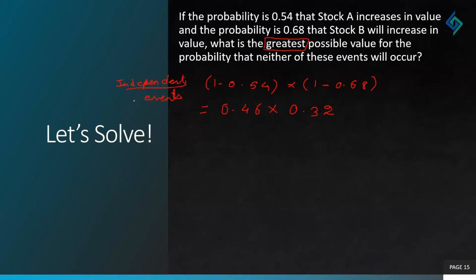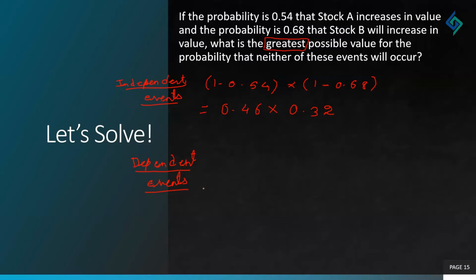But what if the events are dependent? Let's understand that if the events are dependent, and if you want to pause here after I ask a question, you can do that and think for yourself. If these two events are dependent on each other, then which of the three different types of dependencies will give me the greatest possible value for the probability that neither will increase?